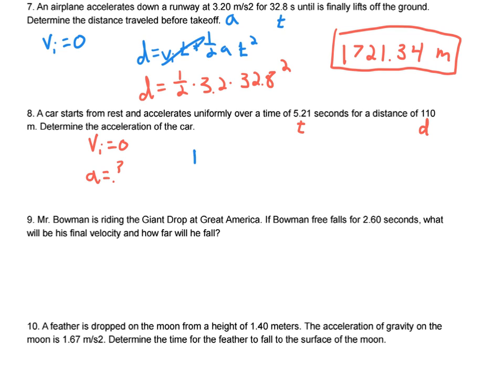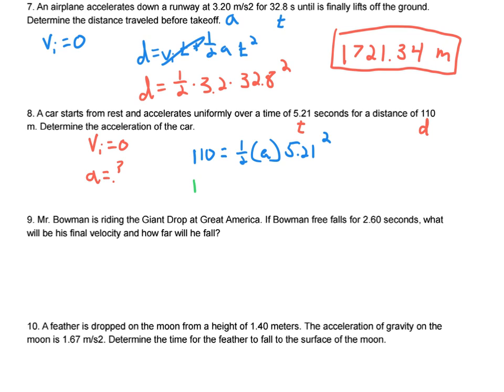So distance is 110 meters. Initial velocity is 0, so that first term goes away. And we have 1/2 times the acceleration times 5.21 squared. Let's just plug in the 1/2 times 5.21 squared. So all of that is 13.57.